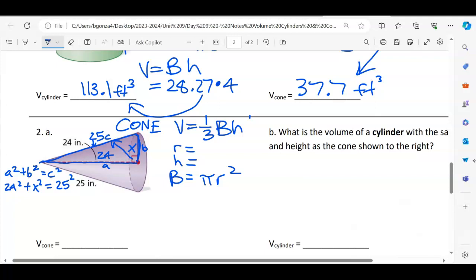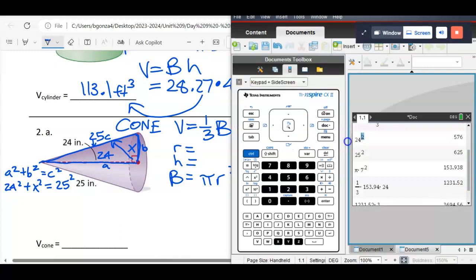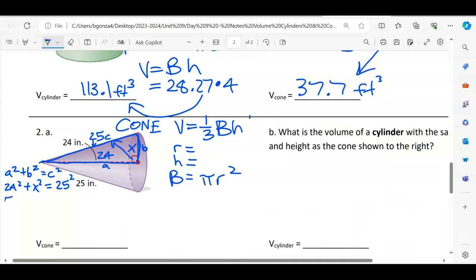So once we set it up correctly, let's figure out that radius by squaring 24 and squaring 25, which I did here. So I got 576 plus x squared equals 625. I'm solving for x, so on the left, I'm going to subtract 576 on both sides.